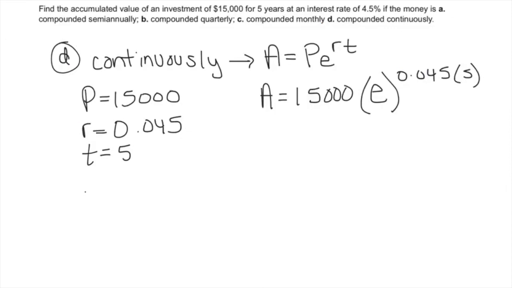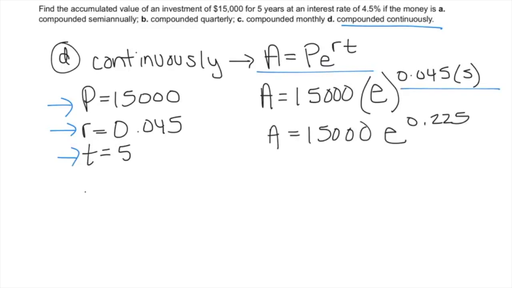Part D asks us to do this compounded continuously. Whenever we're asked to compound continuously, we use A equals P times e to the RT formula. So the variables stay the same, and we're just going to plug them into that formula. The first step is to multiply the exponents together.